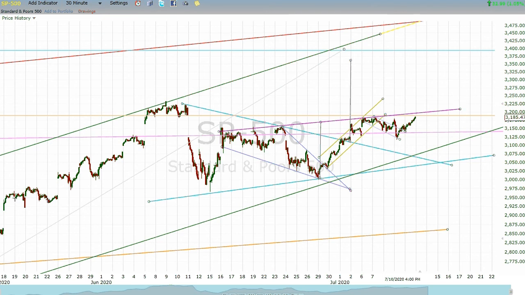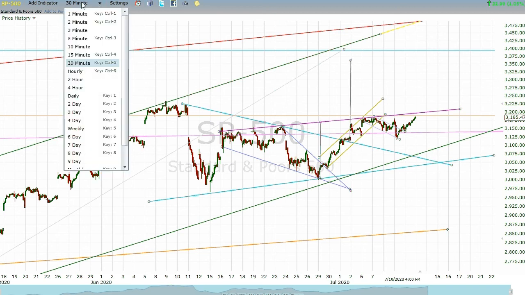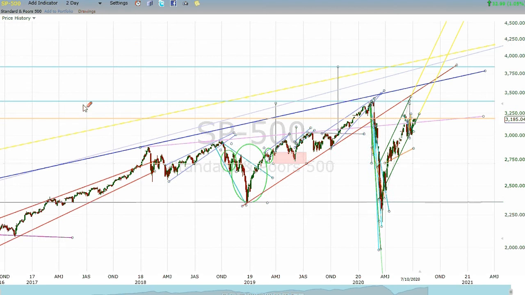And I'll remind you, week before last, we saw this little inverted head and shoulders pattern right here, and we know from experience that it's not unusual for the inverted head of an inverted head and shoulders pattern to itself be an inverted head and shoulders pattern.